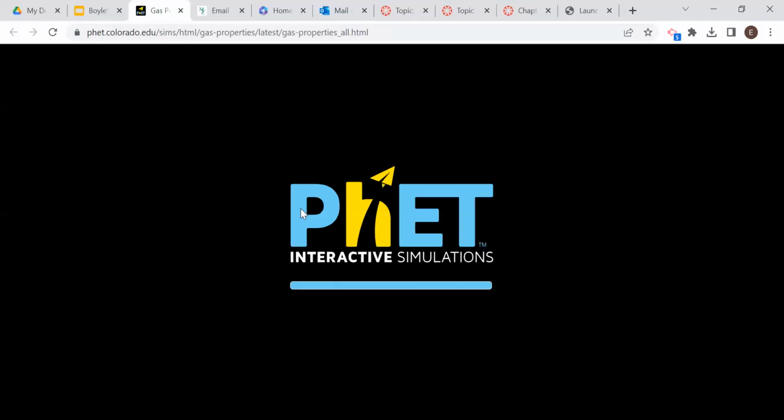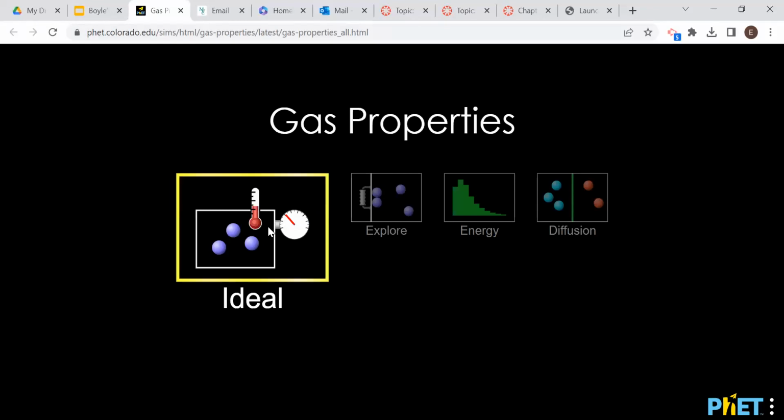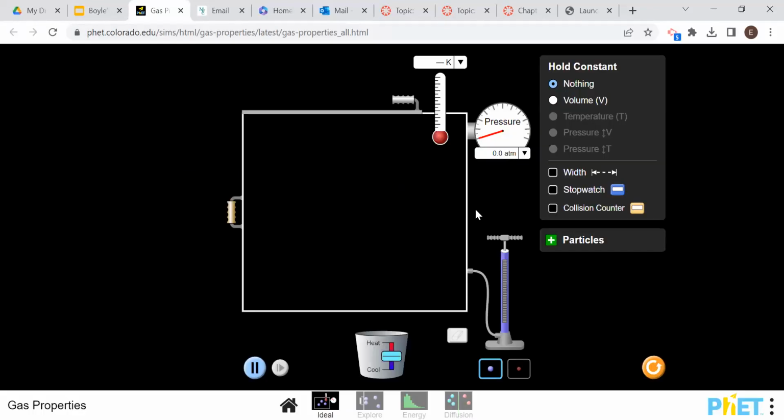So let's look at this in a very practical way. We are looking at the relationship between volume and pressure at constant temperature.